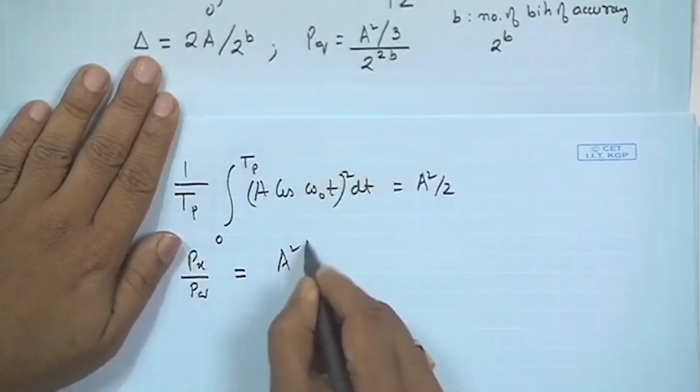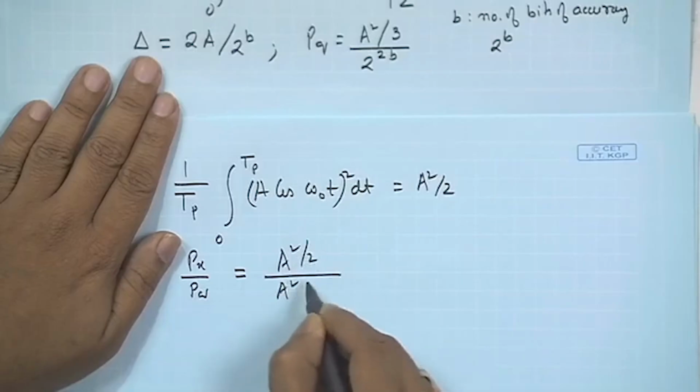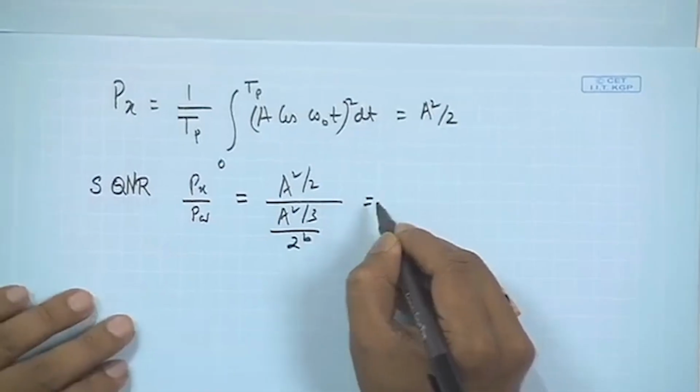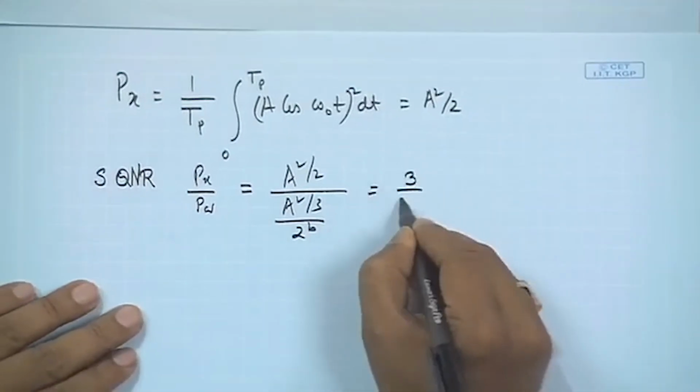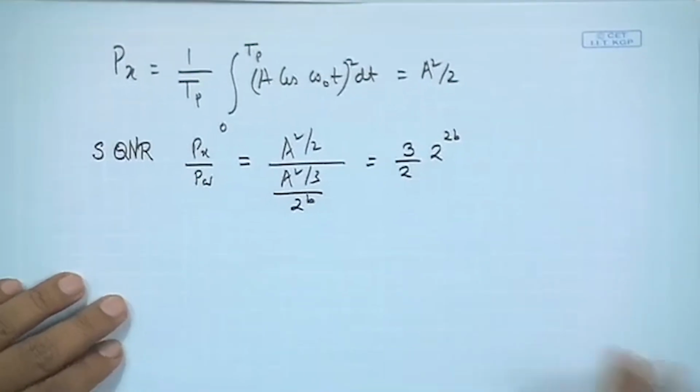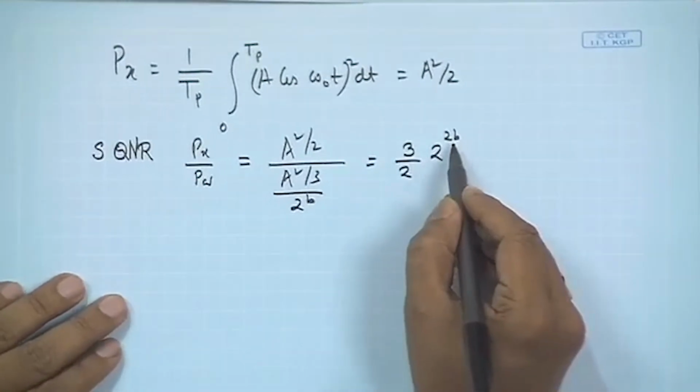So, you can easily calculate. What you have is 3 upon 2, 2 to the power of 2B. Now, B is the number of bits of accuracy that we have said.